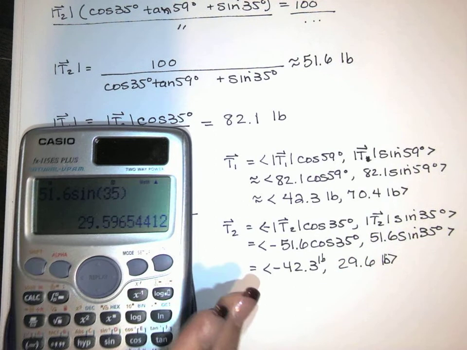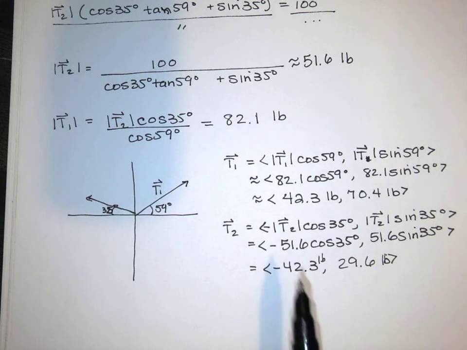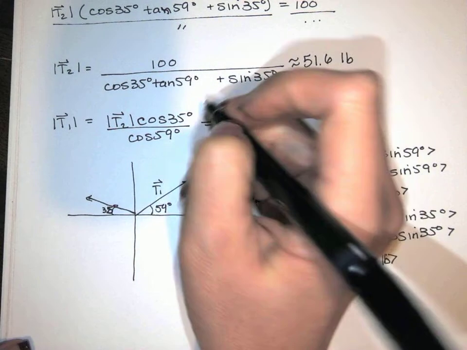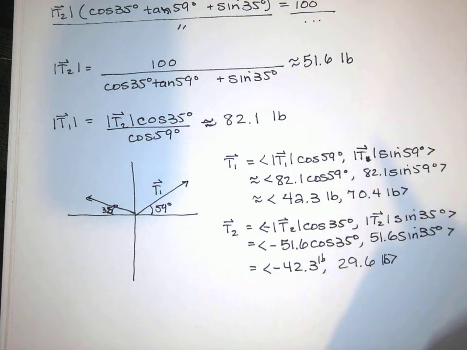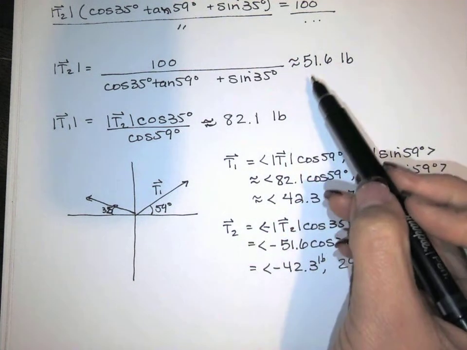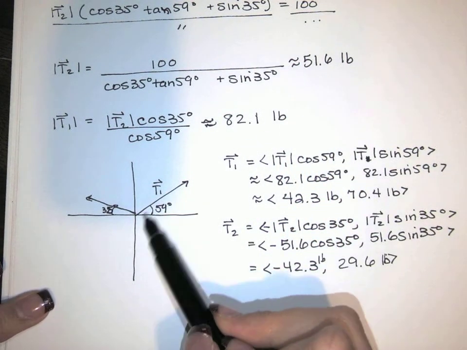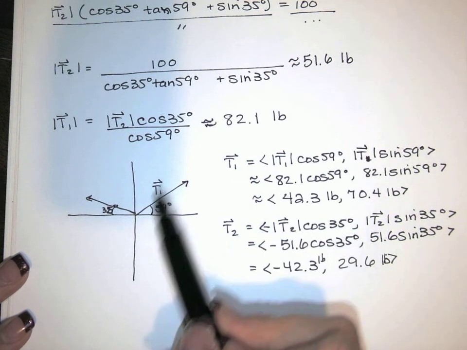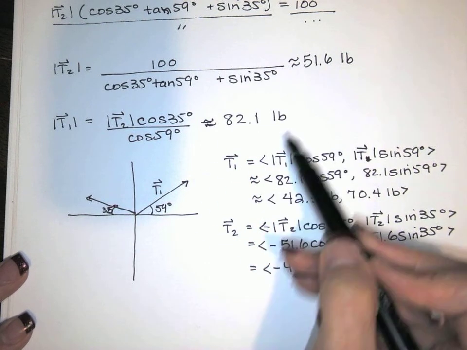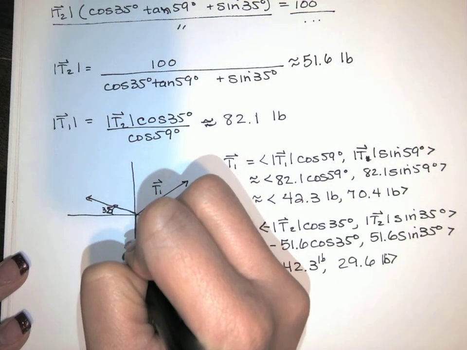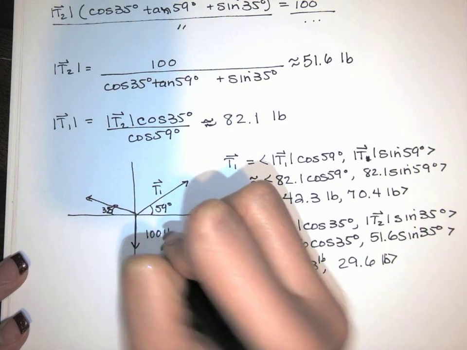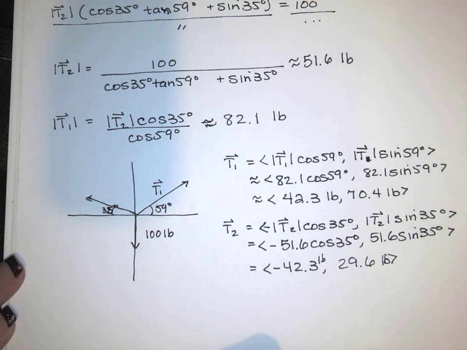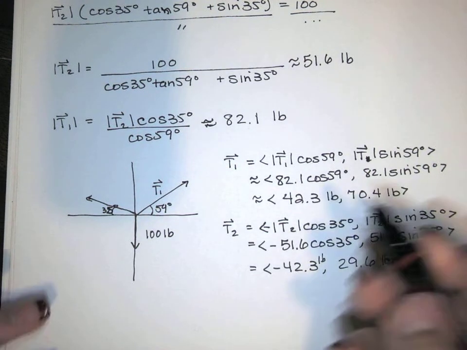Okay, so let's think about if these answers make logical sense. I'm never 100% sure on this, and that should be approximate. I can't be sure that if I pull in this direction with a force of 82.1 and I pull in this direction with a force of 51.6, that's exactly going to balance the force of 100 pounds pulling down. But this is what this tells me.